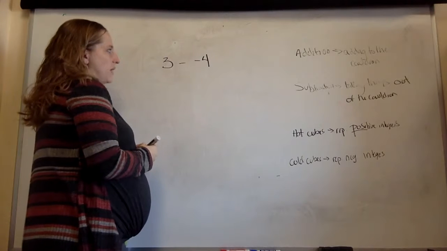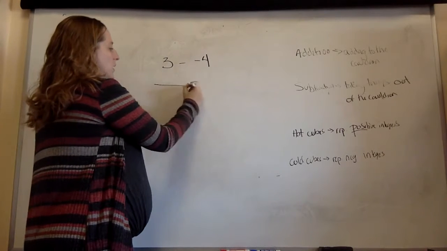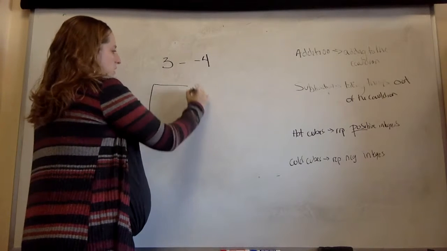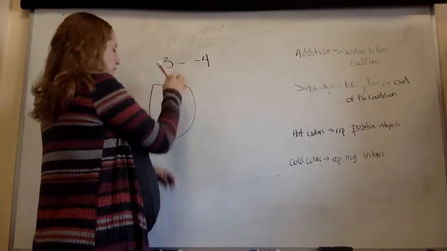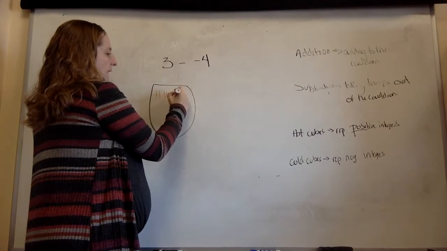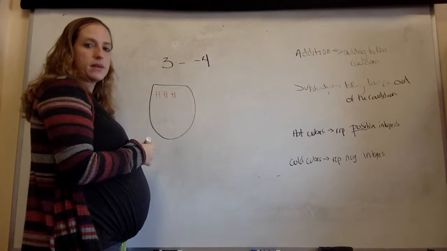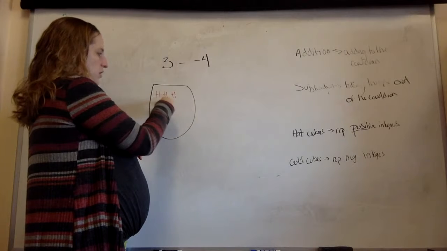So for example, if I want to represent the situation 3 minus negative 4, well, I'm going to start with a cauldron that has an overall temperature of 3. Now, one way I could do that is just to have 3 hot cubes in there, because remember, each hot cube represents 1 degree, so this would have temperature 1, 2, 3.